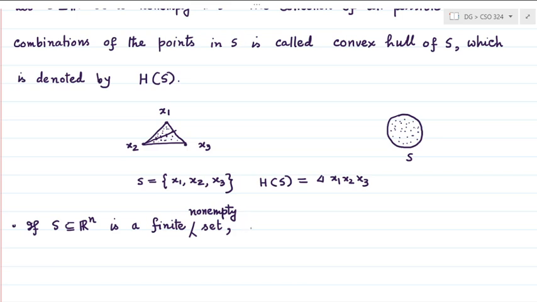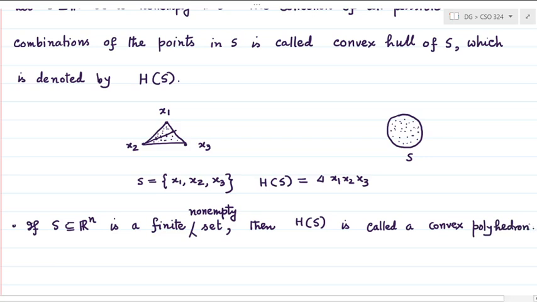Then the convex hull of S is called a convex polyhedron. Fine.